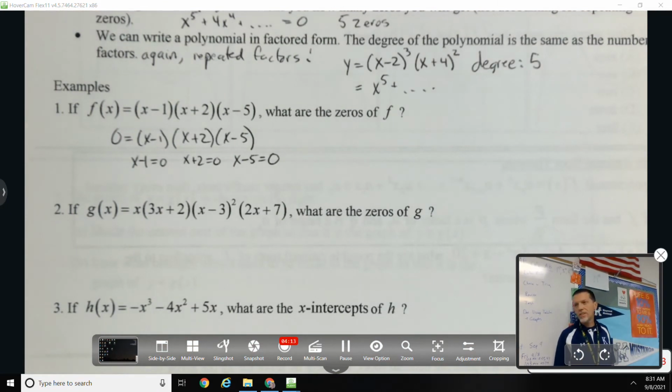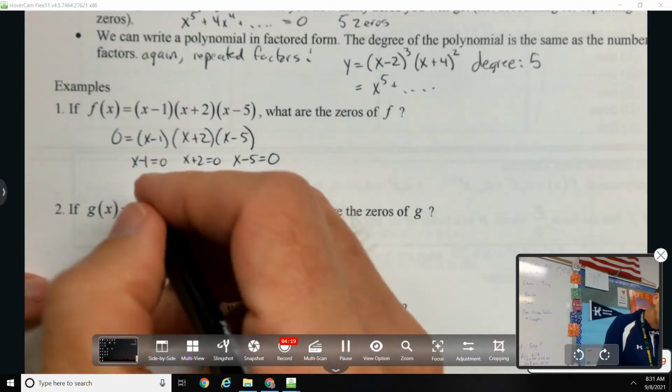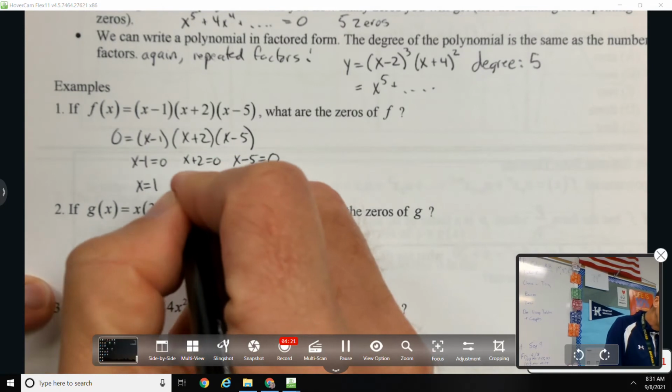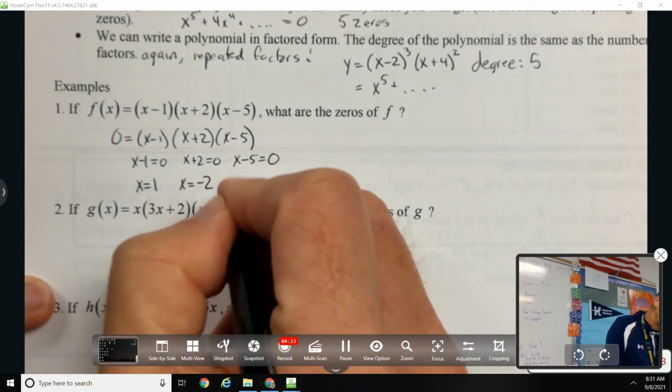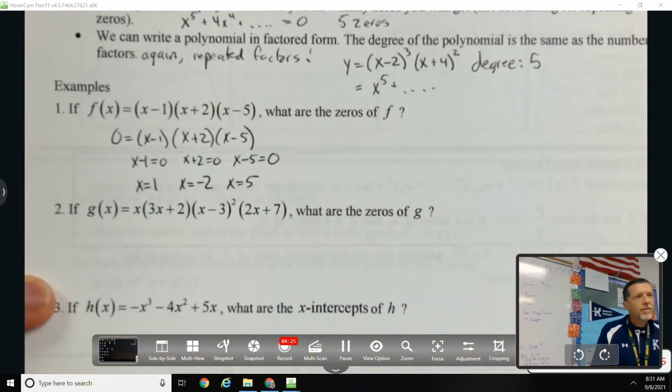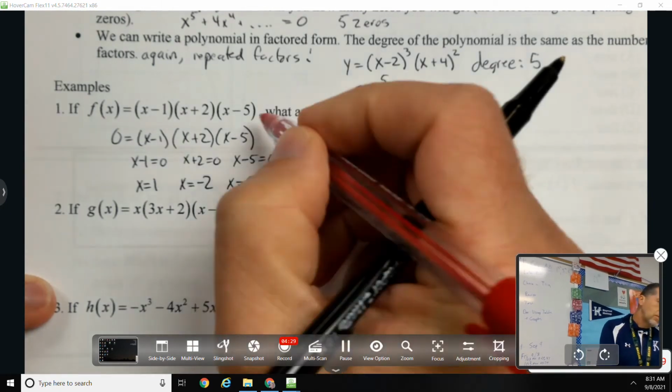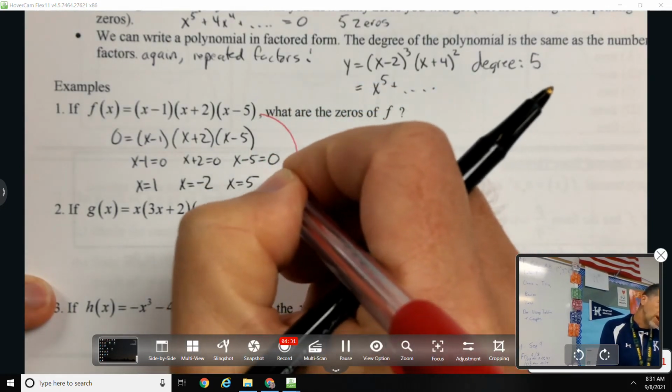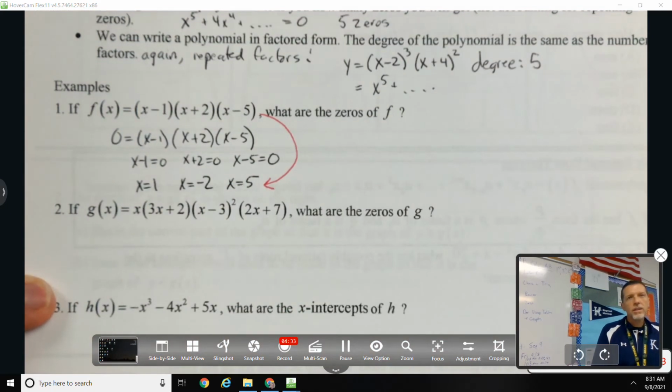But first example, we'll show every conceivable step, and then we'll start skipping around when we can get away with it. So x equals 1, x equals negative 2, and x equals 5. And I suspect the vast majority of you could have answered that without showing any work, and that's okay, because we gave it to you in factored form.